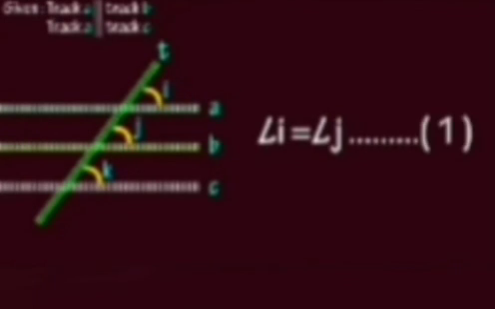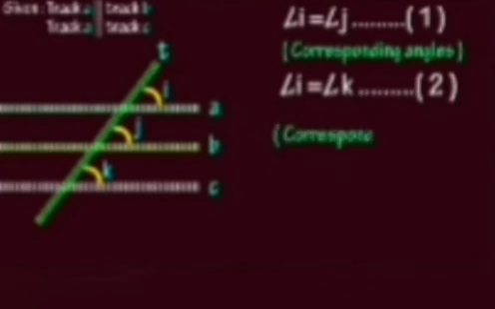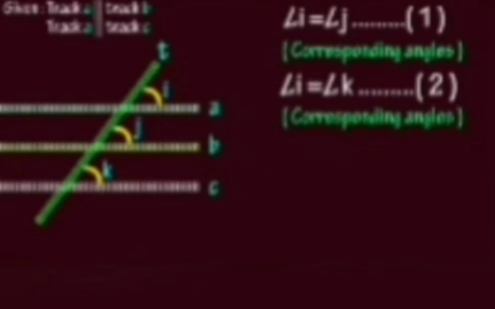Here angle I equal to angle J. This is equation 1 because of corresponding angles. Then angle I is also equal to angle K, again corresponding angles.